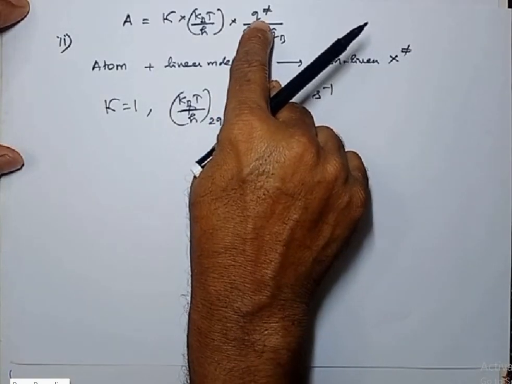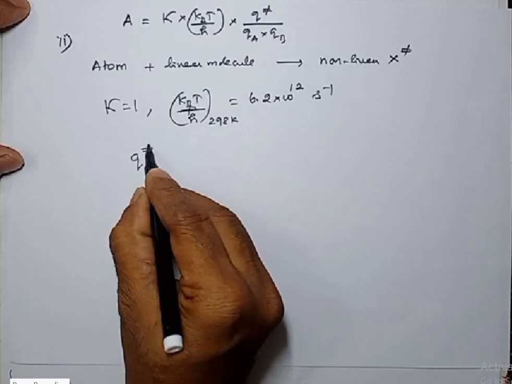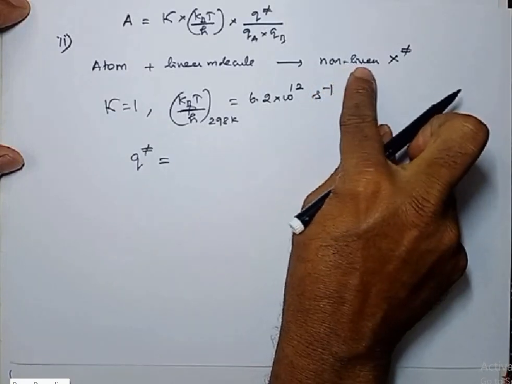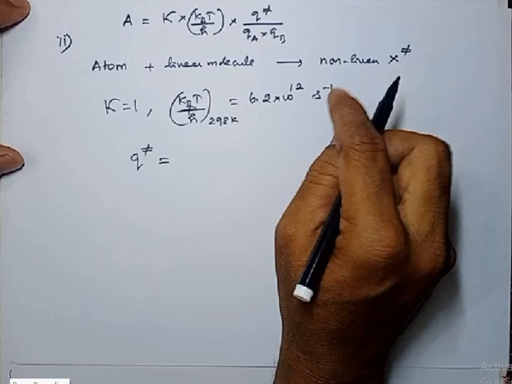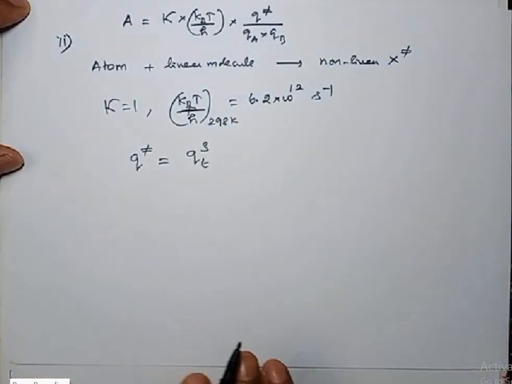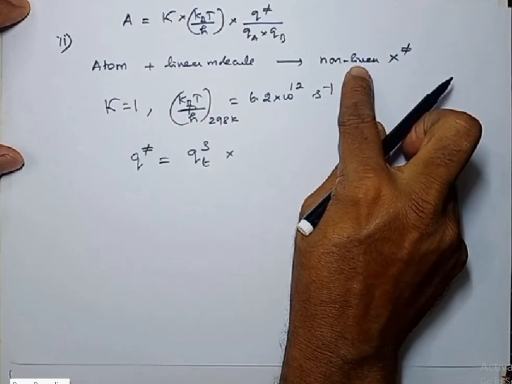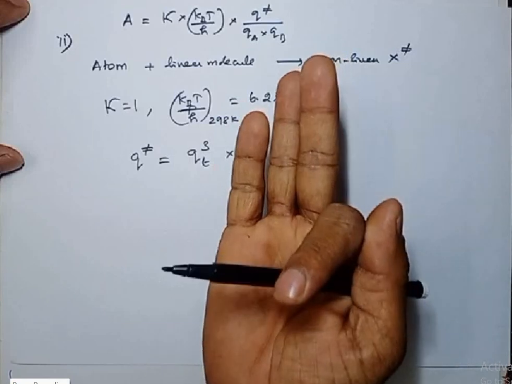Now you need to focus on q double dagger, qA and qB. First I'll write the activated complex, q double dagger. It is a non-linear activated complex. For any species, translation should be 3. Always translation should be 3 for any species. Then, since it is non-linear, there are 3 rotational degrees of freedom.